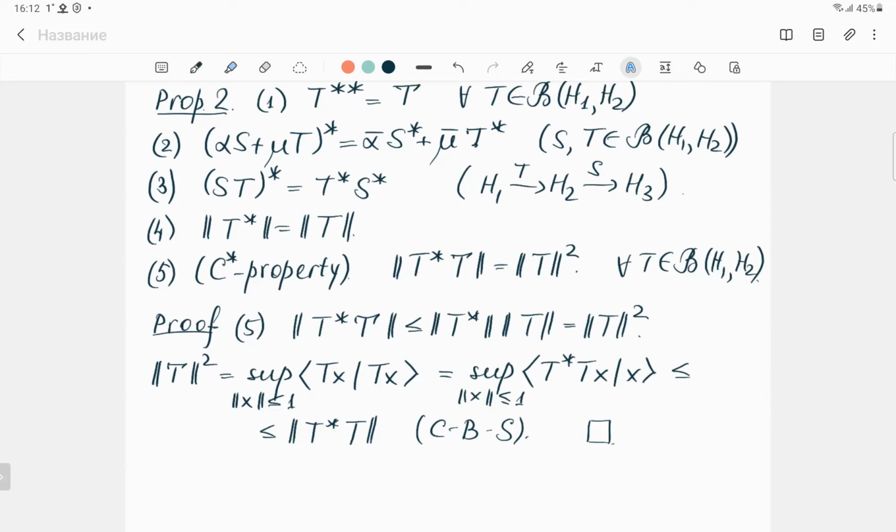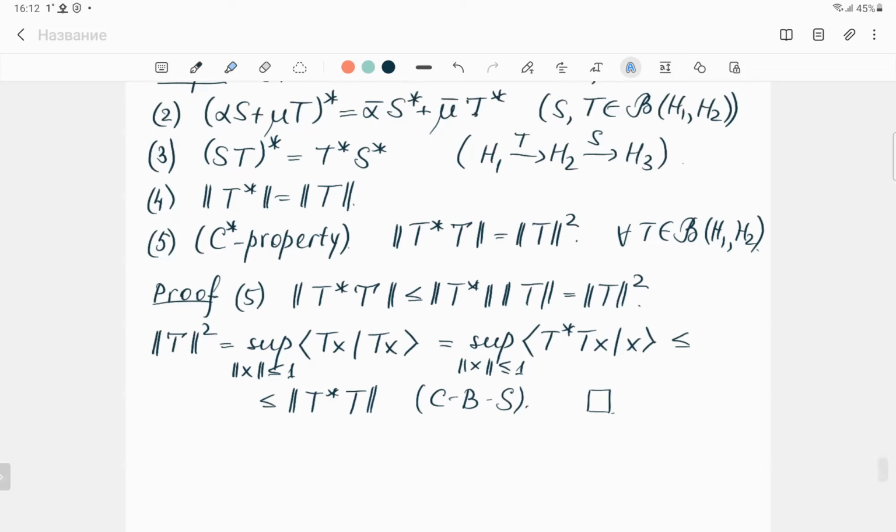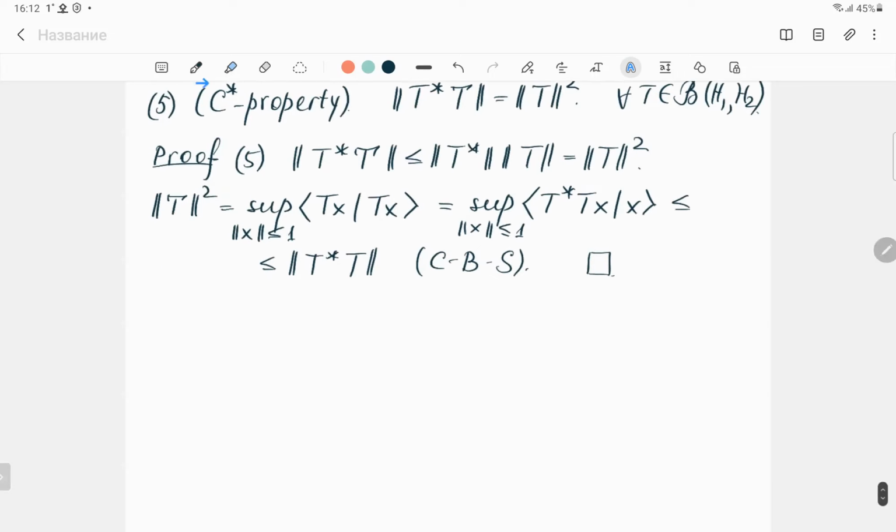Okay, now it's easy to explain what a self-adjoint operator is. So we'll give the following definition. Suppose now that H is a Hilbert space, and T is a bounded linear operator on H, that is from H to itself.